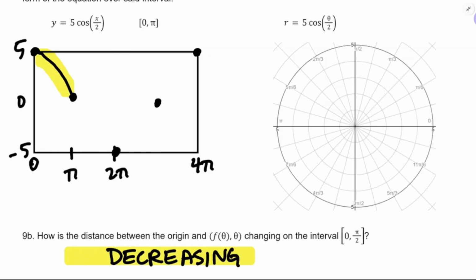Okay, when I go to plot this on the polar axes, I've got theta equals 0, r equals 5. Then theta equals pi, r equals 0. Now this is interesting. Notice that r is going to need to be positive the entire time from 0 to pi.